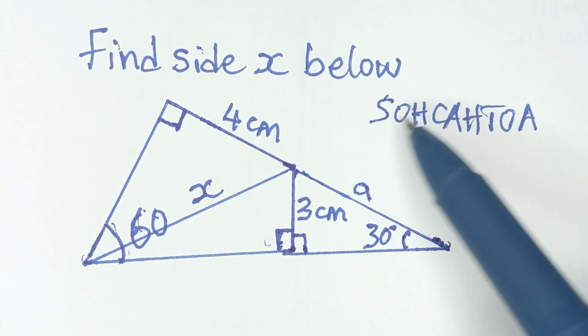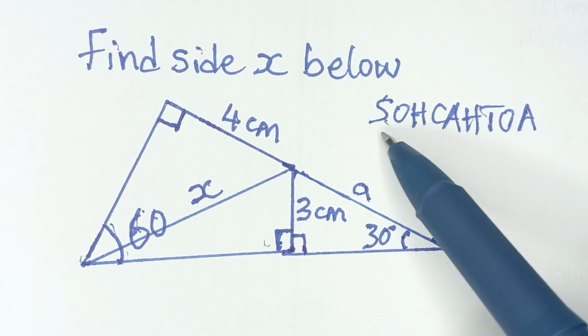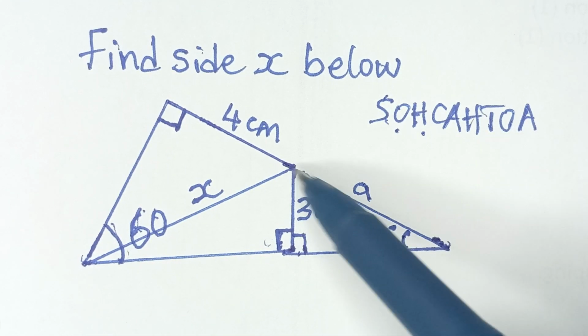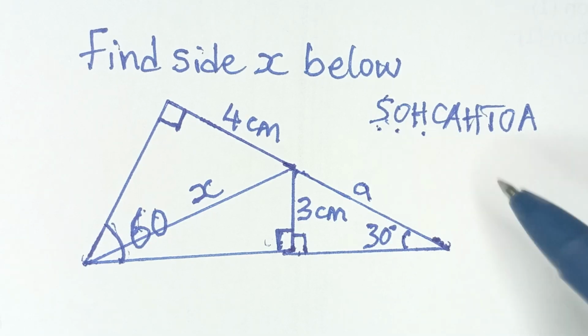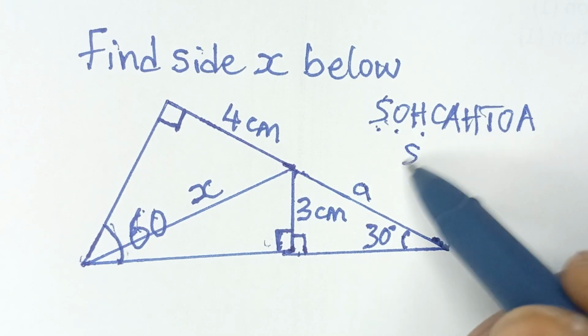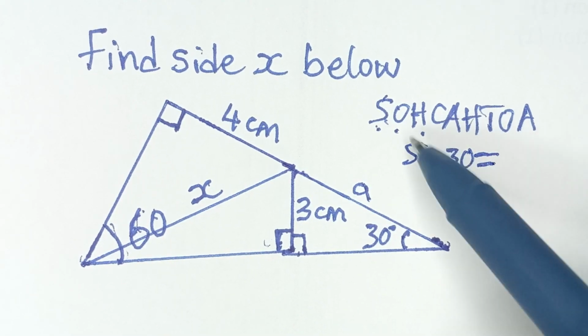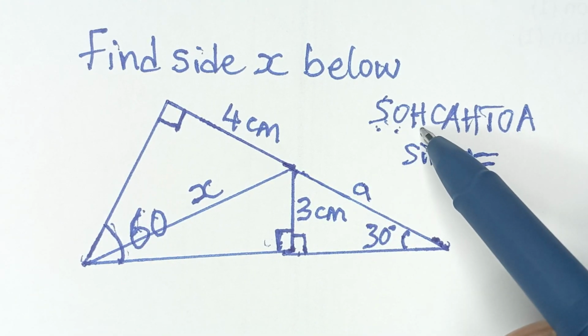From our trigonometric ratios, the ratio that deals with opposite and hypotenuse is sine. So we are simply going to say sine of the angle given to us, sine 30, is equal to the opposite side over the hypotenuse side.